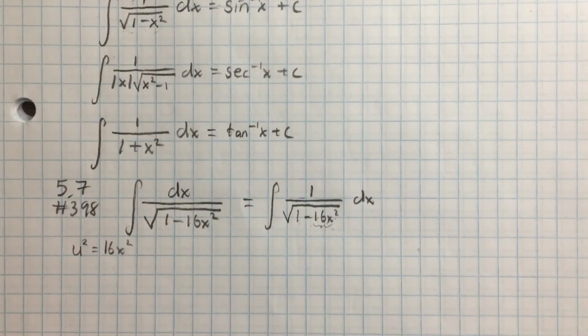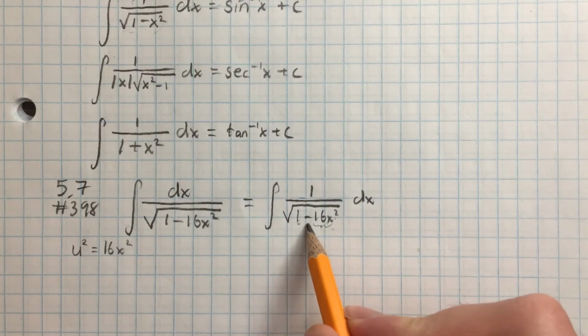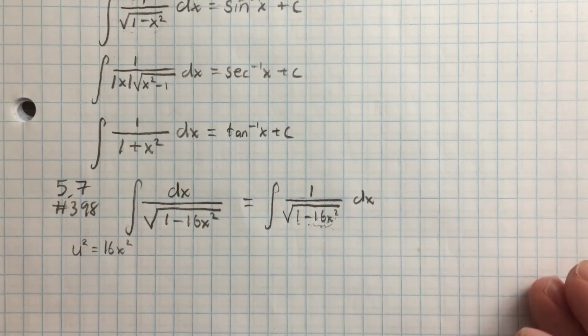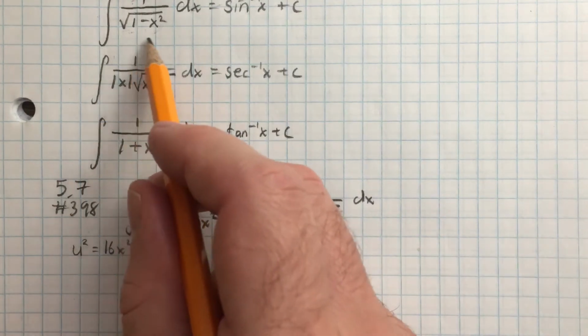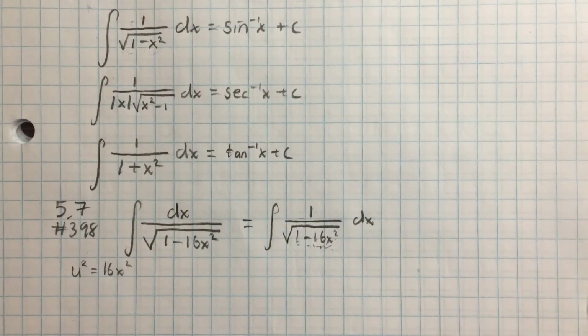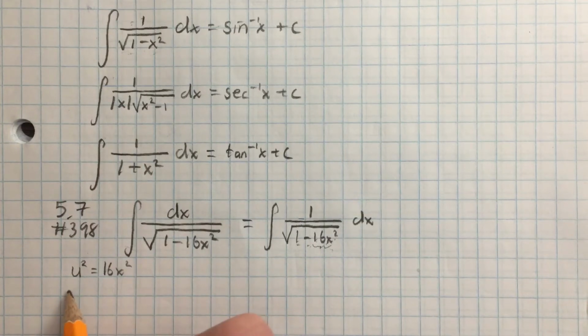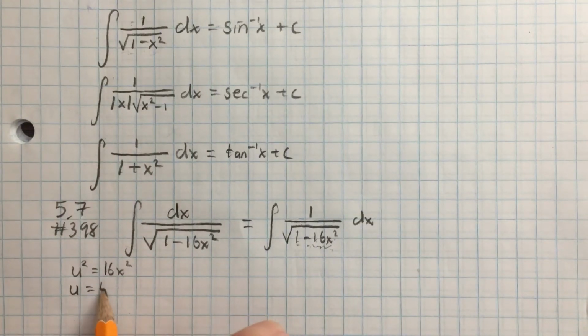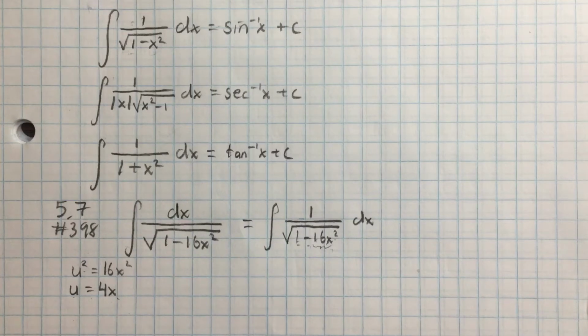Now, if u squared is 16x squared, so therefore it reads 1 minus variable squared, which is the thing I'm trying to copy here, right? 1 minus variable squared inside that integrand there. So that means u would have to be 4x. Right? If I take the square root of both sides, take the positive version of it, I would get u equals 4x. So therefore, I should let u equal 4x.